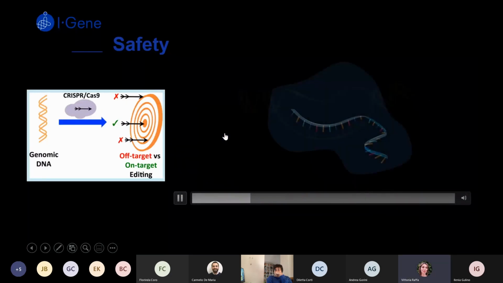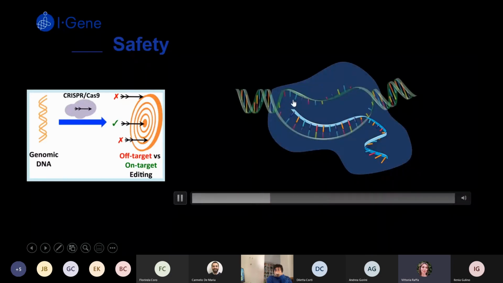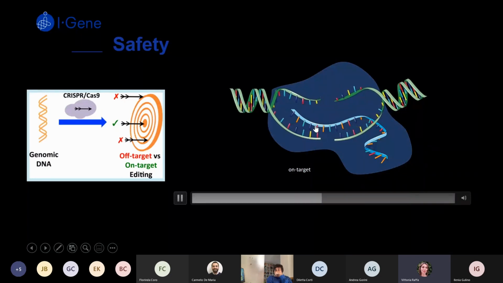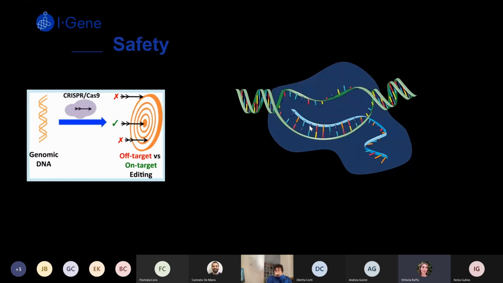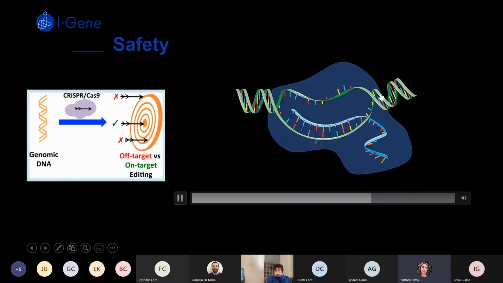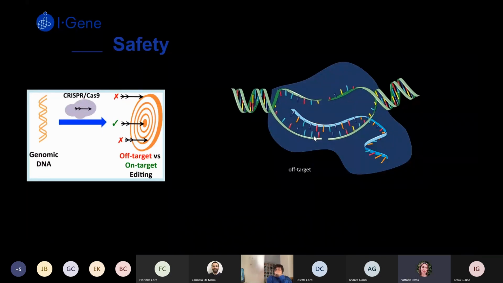As you remember, the enzyme unwinds the double helix, pairs with the target, then cleaves the target. And this is a perfect pairing. What happens is that sometimes the guide can bind to sequences that are similar but not identical to the target. And in any case, this can activate the cleavage.